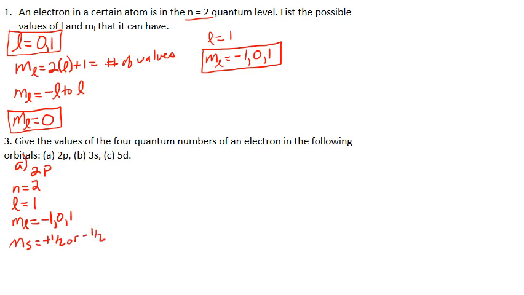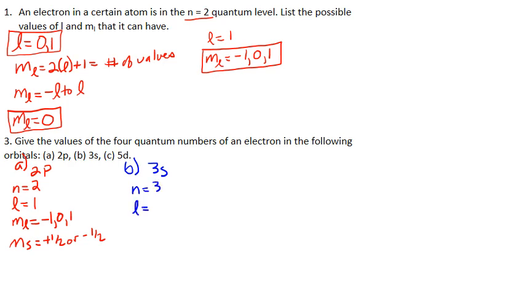Let's try B now. I'm going to play and change colors. I like blue. So let's look at B. Oh yeah. So B is list the values of the 4 quantum numbers for an electron in a 3s orbital. n is equal to 3.